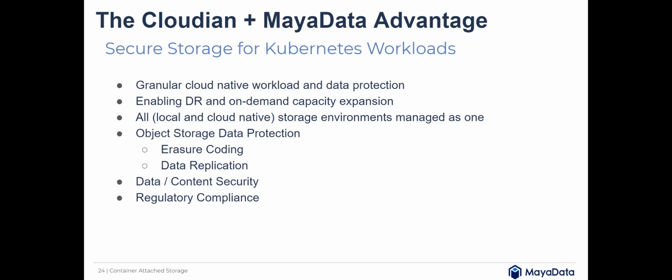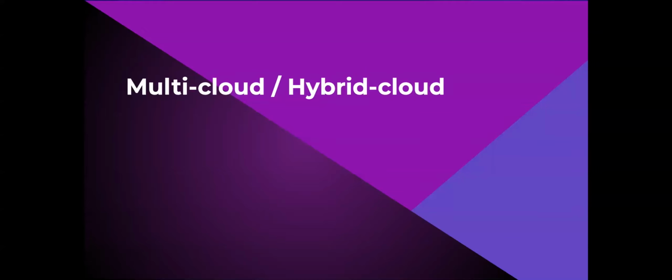Because you pay for what you provision, not for what you use in cloud, being able to expand on demand when there is application demand is highly valuable. And of course, security, as Sanjay highlighted: regulatory compliance, HIPAA and FIPS compliance are increasingly becoming topics that we discuss with our users.